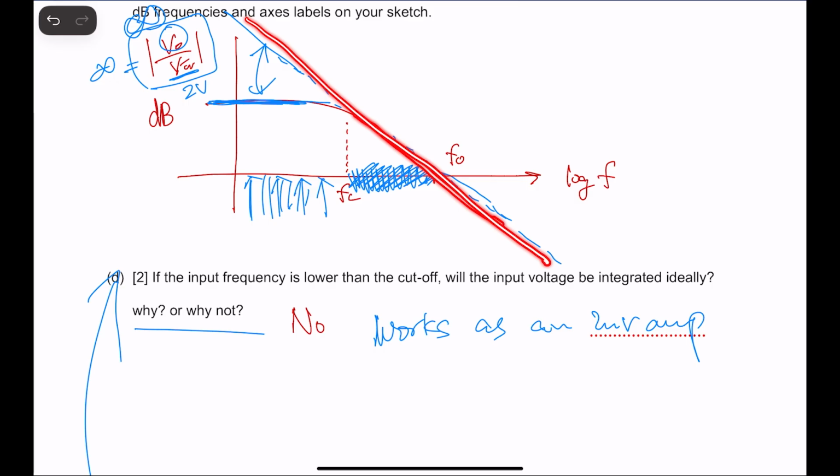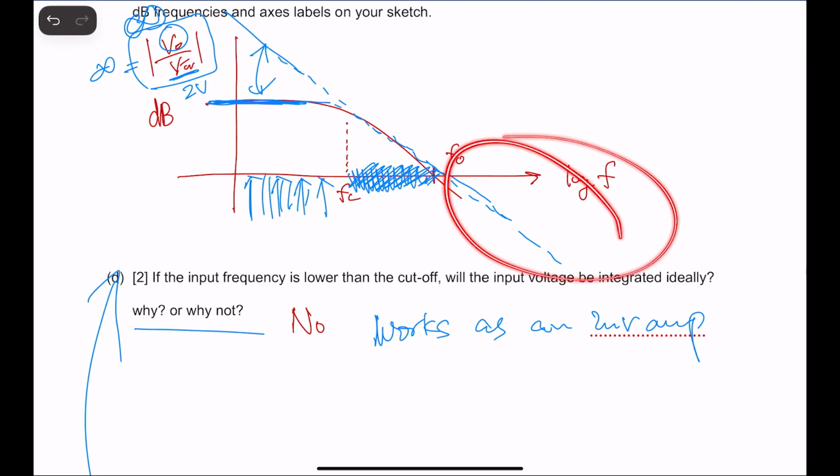In other words, it's being integrated correctly. On the other hand, we do not want to go in this frequency range. Anybody remember why we're not going down in this range? Anyone? What was that? You won't see the output. Yeah, we will not see the output.